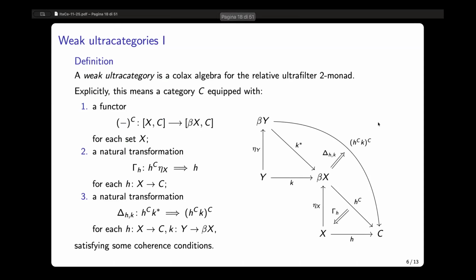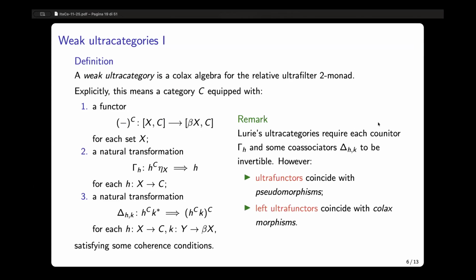I will spare you the coherence conditions, but the crucial point is that this notion is slightly weaker than Lurie's one. It's almost exactly Lurie's one, but he requires every unit and some associators to be invertible. But the point, which makes the theory work in a sense, is that the notions of morphisms between ultracategories that Lurie considers coincide with the notions that we get from the algebraic point of view.